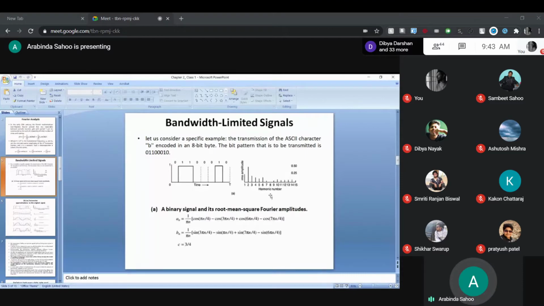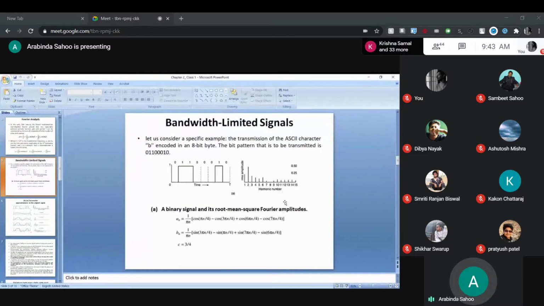Now if you calculate the mean square amplitude, what do you mean by this mean square amplitude? The harmonic number means n is equal to 1, n is equal to 2, n is equal to 3, like this.